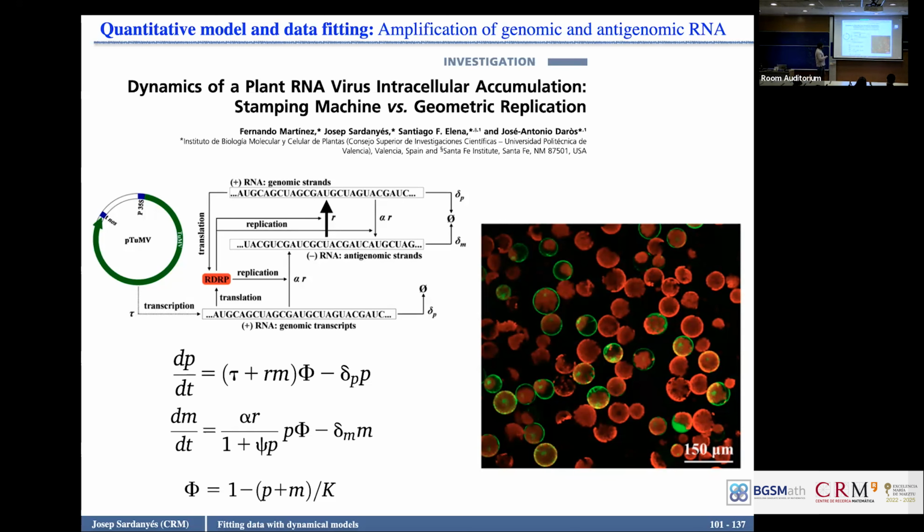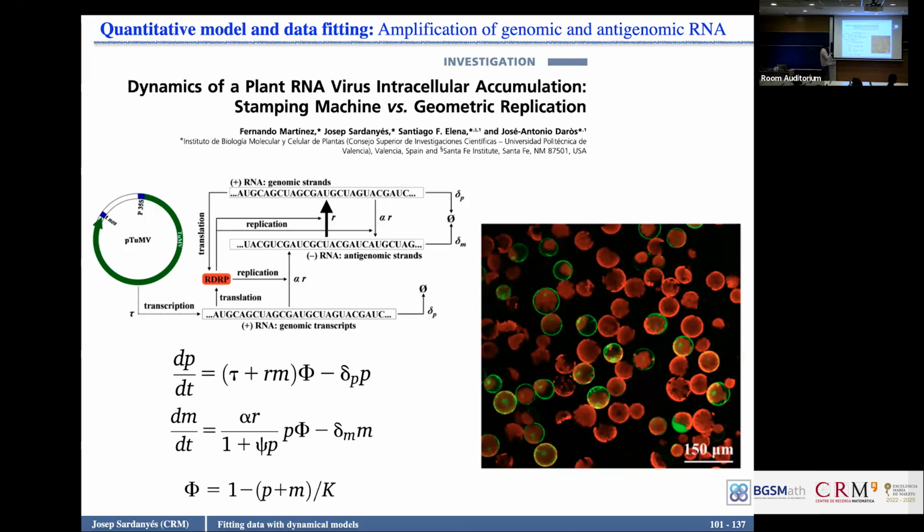And then we have, since we are doing complementary copies from positive, a positive one comes from a negative one, and a negative one comes from a positive one, here we have to change the variable. So for the production of positives, it will be proportional to the number of minus strands. R is the replication rate.